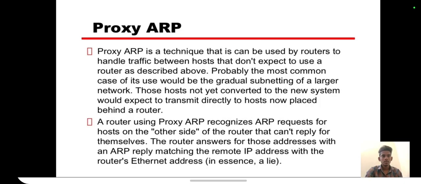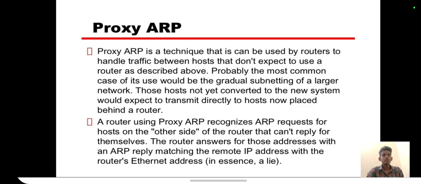Proxy ARP. Proxy ARP is a technique that can be used by routers to handle traffic between hosts that don't expect to use a router as described above. Probably the most common case of its use would be the gradual subnetting of a larger network. Those hosts not yet converted to the new system would expect to transmit directly to hosts now placed behind a router.